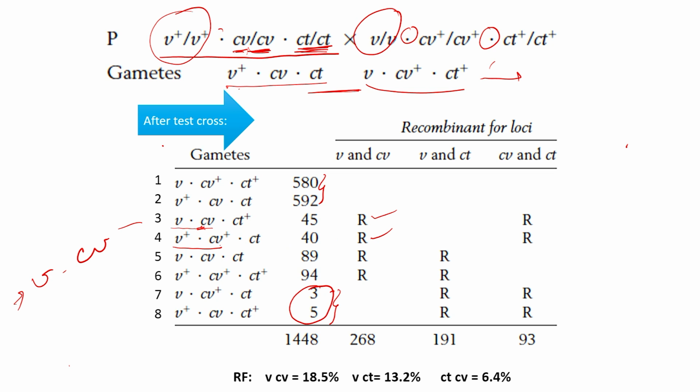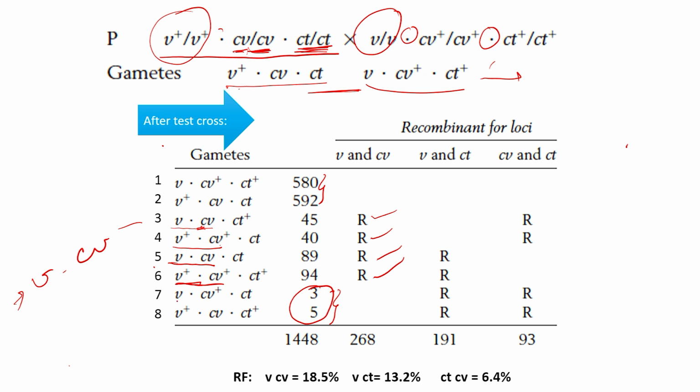So, we put R here too. Same is true as was the case with 3, same is true with the 5. So, it is a recombinant for V and CV. If you look at 6, both are plus. Again this is a recombinant for V and CV.